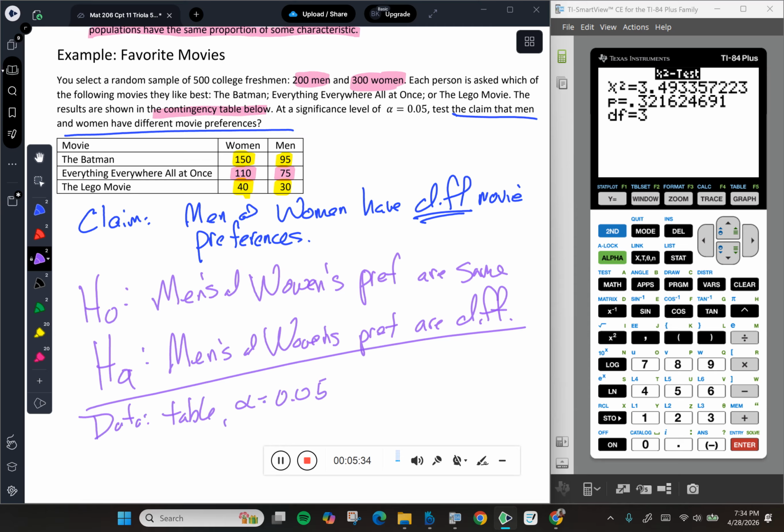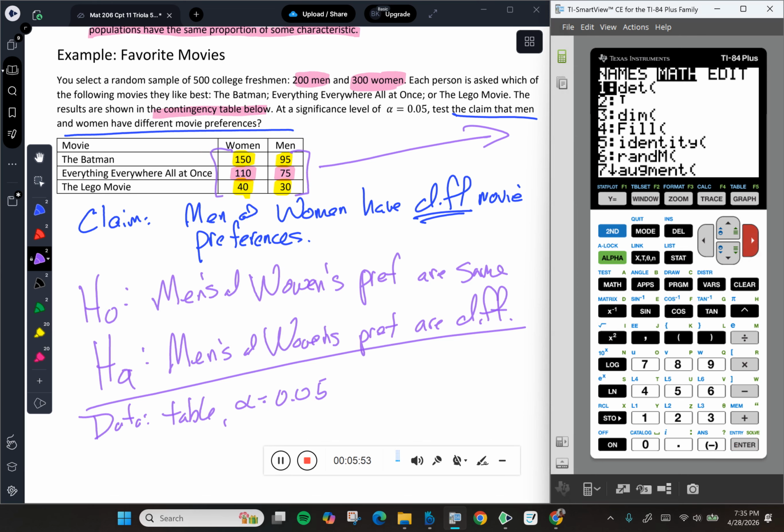All right. I need to take that table and get that table into the calculator, because the test for homogeneity is the same as the test for independence. Make it into a matrix, put it into the calculator. That is a 3x2 matrix. So back to matrix, over to edit.